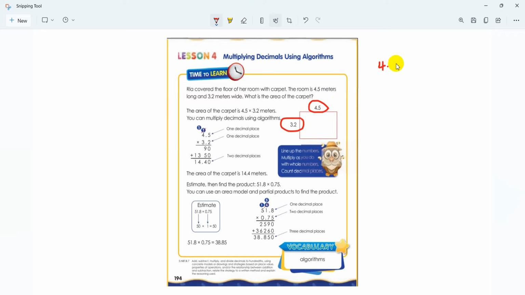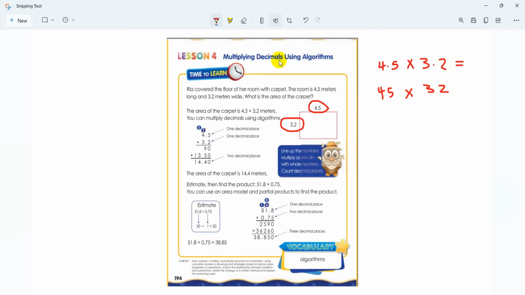To multiply, we multiply them without the decimal point, like we multiply 45 by 32. After we finish, we put the decimal point according to the numbers. After how many places? We will see now.